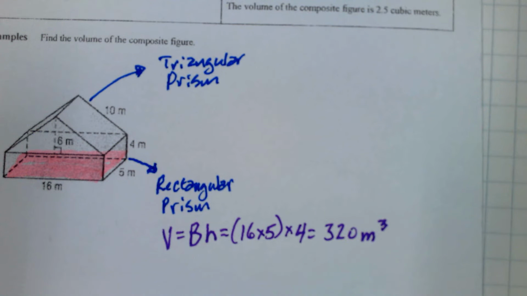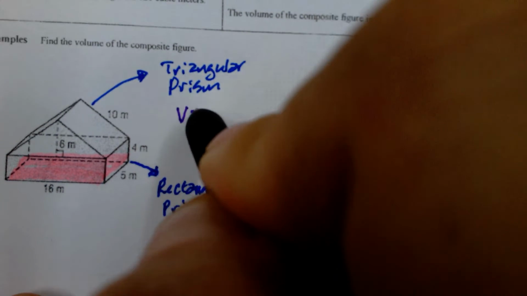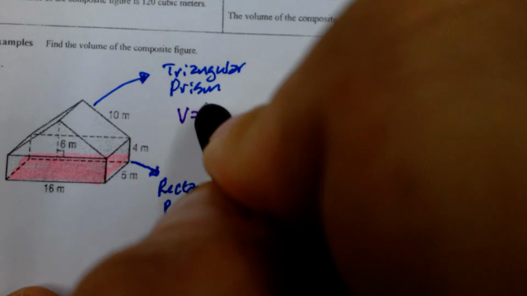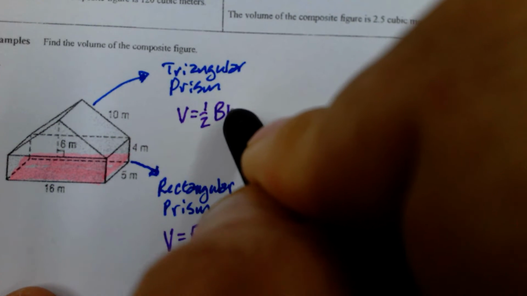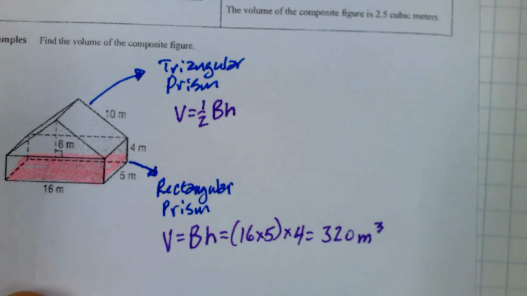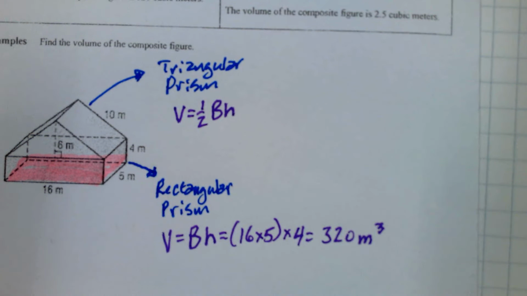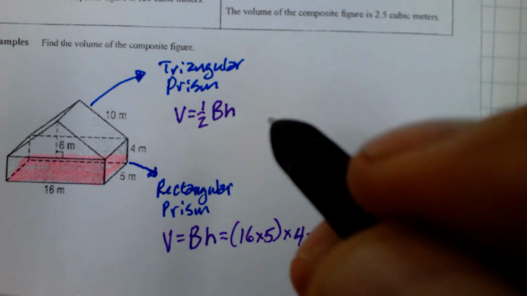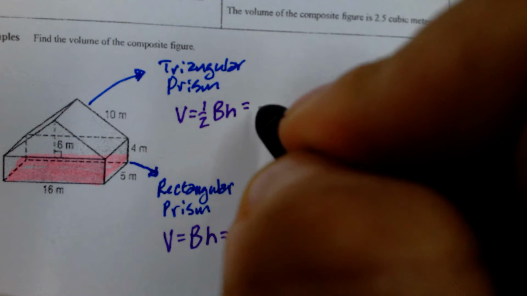Let's talk about the formula for that. Volume, V equals 1/2 the base times the height. Anytime they give us triangular, that's why we should know the terms, we have to multiply by a half, because a triangle is half of a rectangle. All right, so let's figure out this one. We want 1/2.